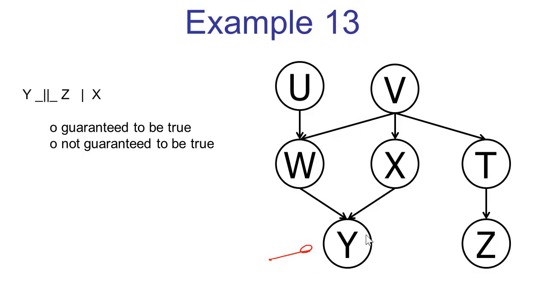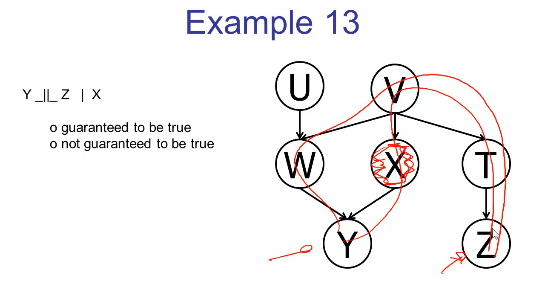We're again asked about Y and Z, and now we have an observed variable that's X. Two paths connecting Y and Z. Okay, well, let's start with the path YXVTZ.